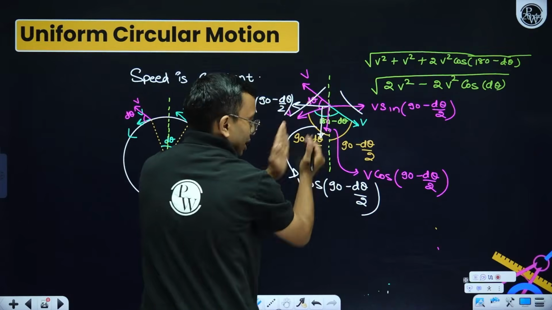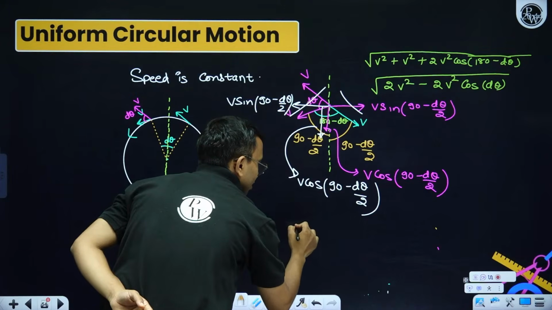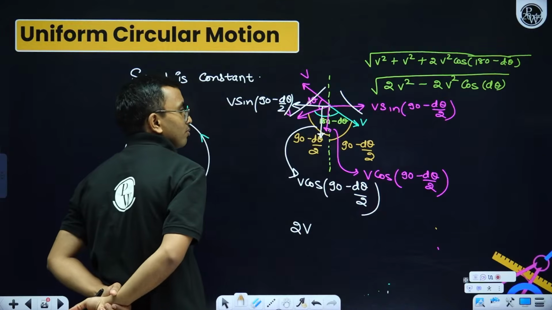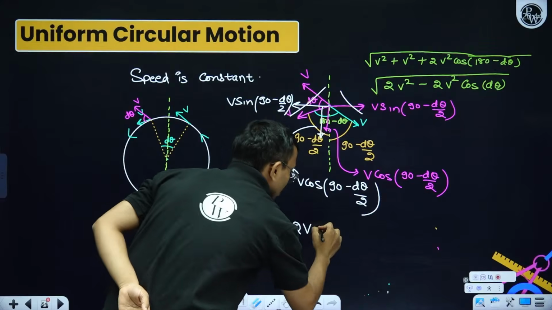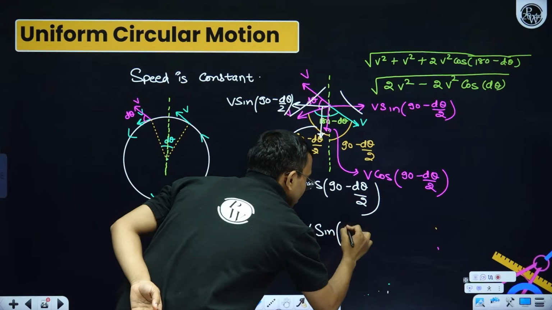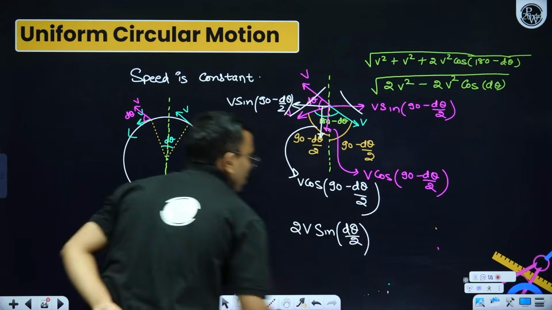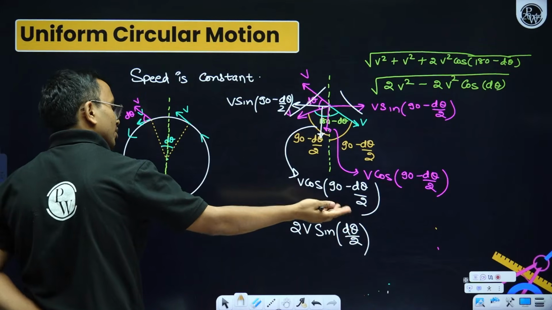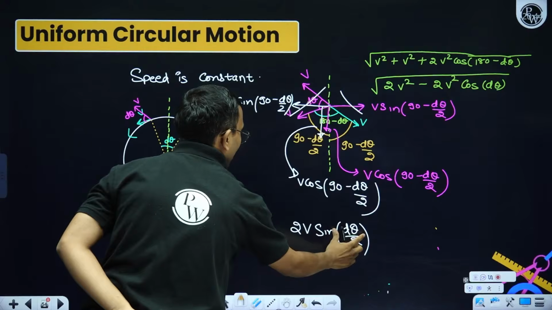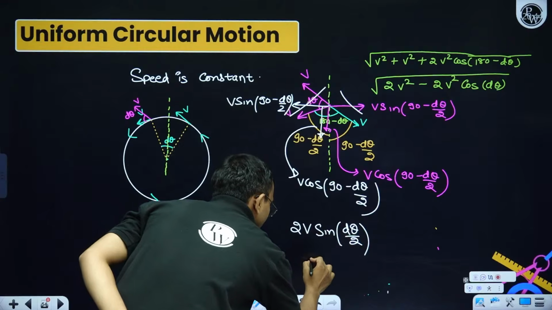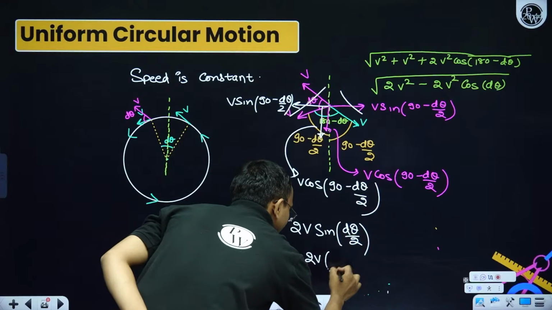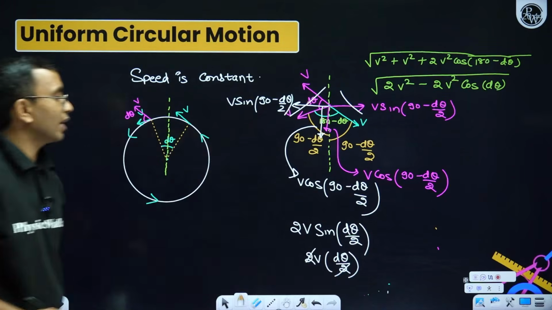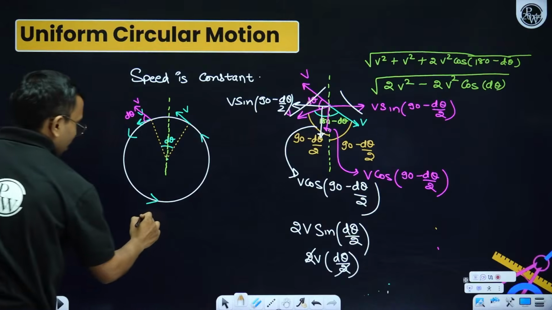Along the bisector they are adding, and the resultant will be 2v cos of 90 minus d theta by 2. Cos of 90 minus theta is sine theta, so sine of d theta by 2. If theta is very small, sine theta is nearly equal to theta, so you can just write d theta by 2 here. So it is 2v into d theta by 2, which is just v d theta.